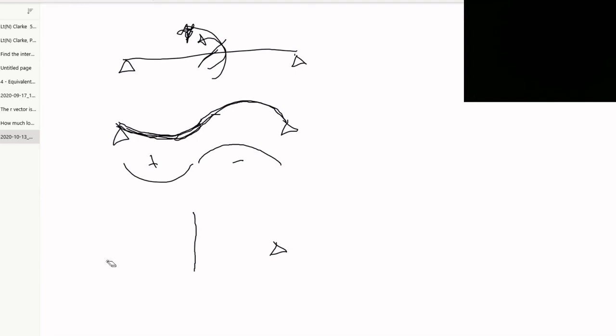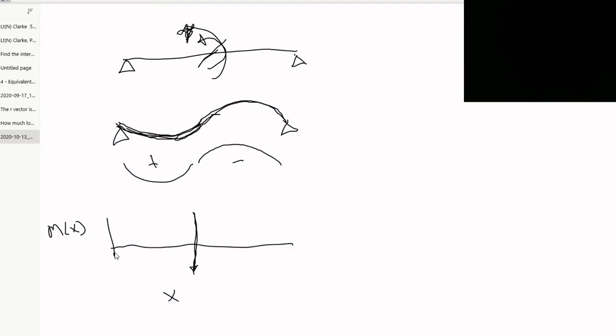I'm not going to erase these supports. This is just a graph. So our moment is a function of x. So at that point, we're dropping down due to the fact that we had this positive moment.